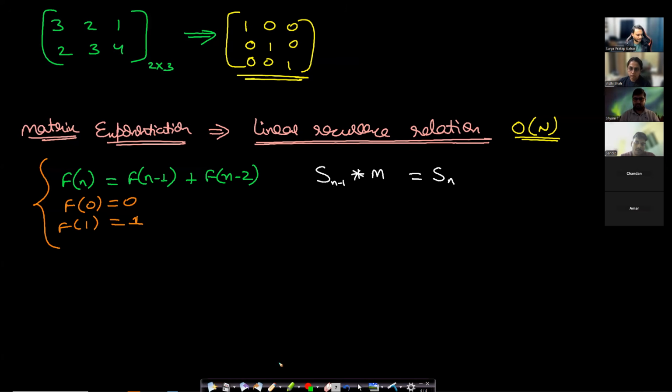Now, if you haven't yet understood what this Sn minus 1 and this Sn are, this is called a state vector. If you have done state DP, where you have state transitions in dynamic programming from one state to another, you might have done that already.